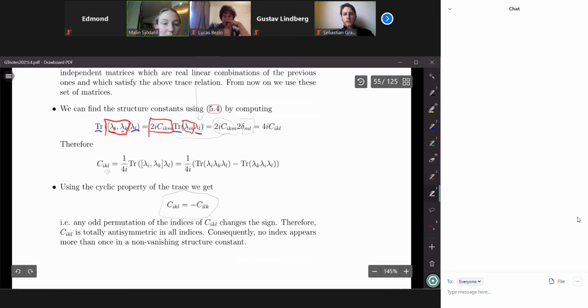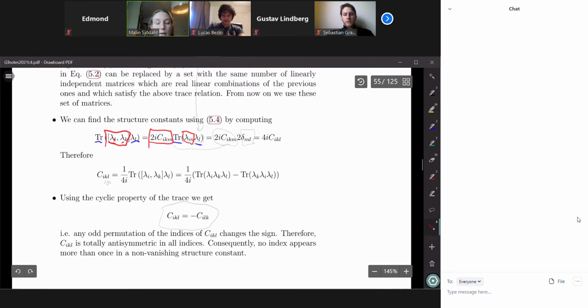So we have actually that any odd permutation of the indices will change the sign. So I can swap any two indices here, swap the order of those, and I will get a minus sign for the structure constant. Now, in particular, this implies that c_ikl is 0 if two of the indices are the same, because if I swap the position, I should have a minus sign.